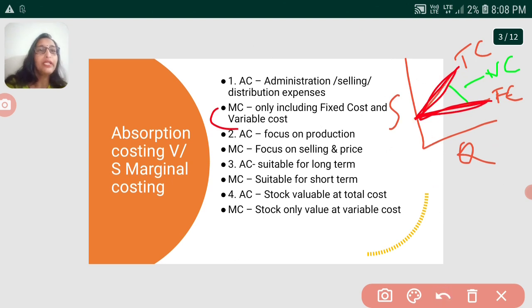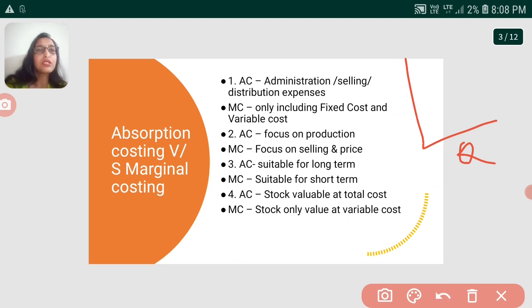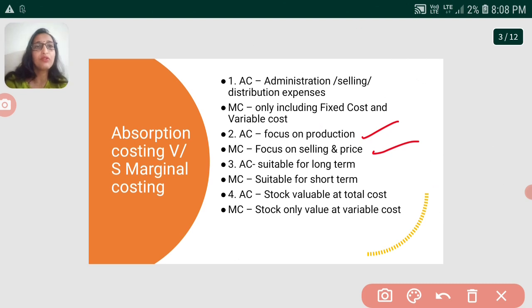Next, the second difference: absorption costing is focused on production, but marginal costing is focused on sales and price. Third difference: absorption costing is suitable for the long term, marginal costing for the short term. Fourth: absorption costing values stock at total cost, but marginal costing values stock only at variable cost.